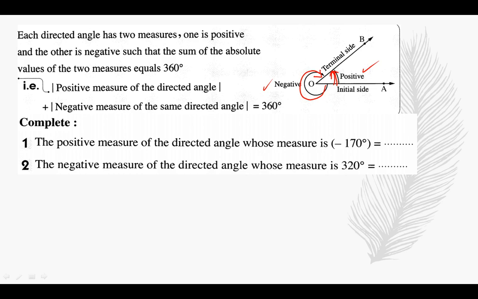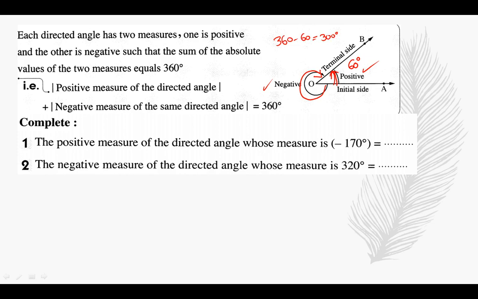I will give you an example. If the measure of this angle is 60 degrees, and the measure here is positive because the direction of the rotation is anti-clockwise, then the reflex angle AOB will be equal to 360 minus 60, and this is equal to 300 degrees.